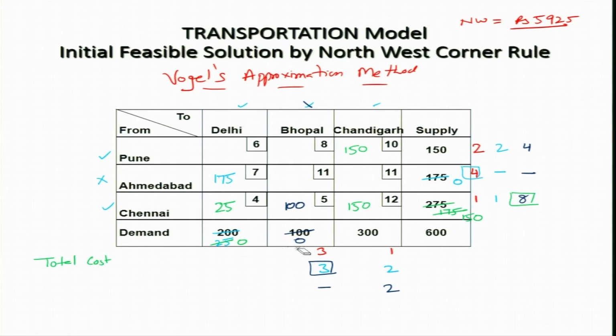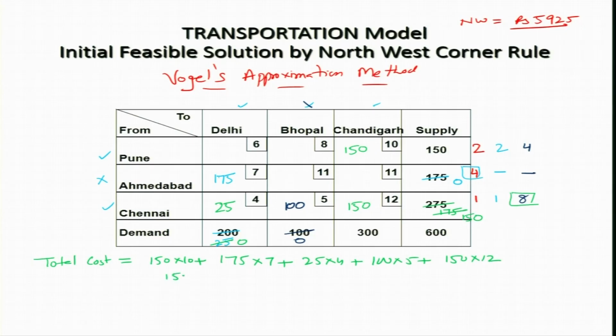Let me delete some numbers to create the space for us to calculate the total cost. So, total cost as we calculated in the northwest corner rule, it will be 150 into 10 plus 175 into 7 plus 25 into 4 plus 100 into 5 plus 150 into 12.